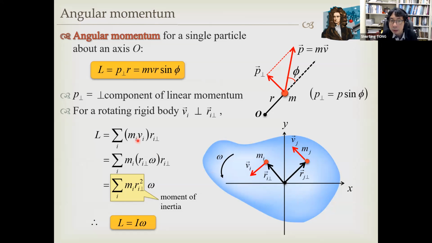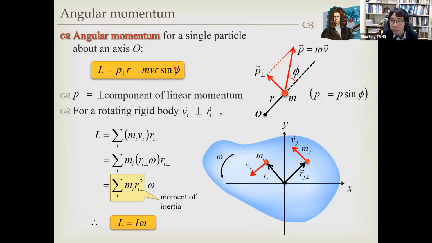And so the angular momentum of a single particle m_i here is m_i v_i r_i perpendicular. Now my linear velocity is perpendicular to the radius in a rotation. In a rotation, the linear velocity of the particle is always perpendicular to the radius, because it's in circular motion, right?